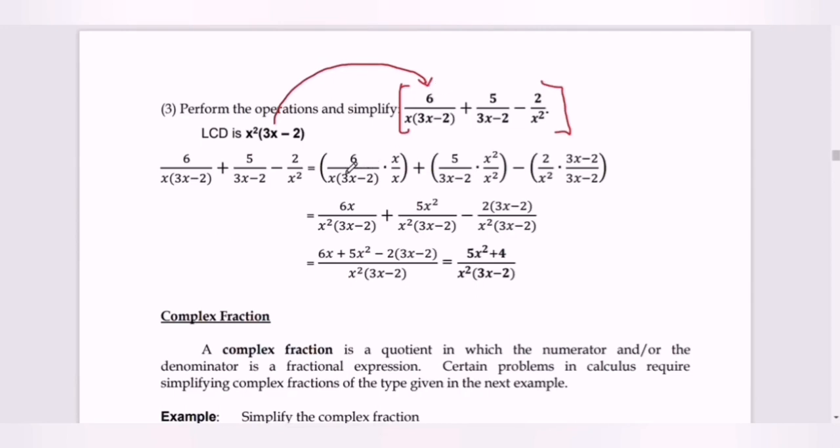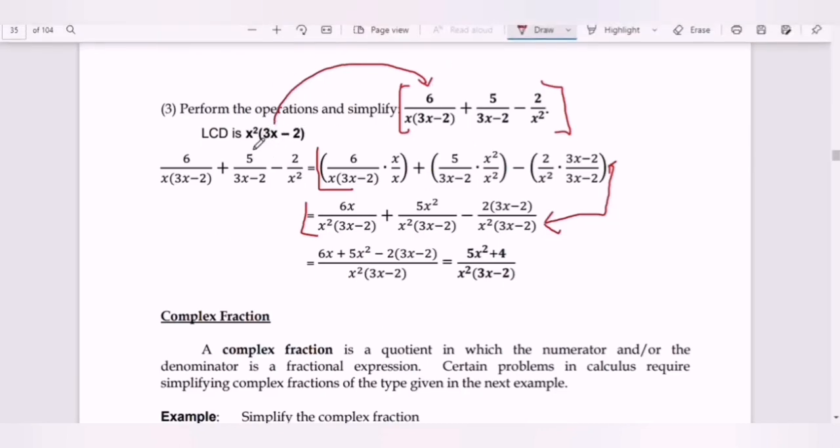If you want to know the step by step, the long method, I inserted this one, but I prefer the shortcut method. So just neglect this one. All we need to do is just multiply the LCD to each term.